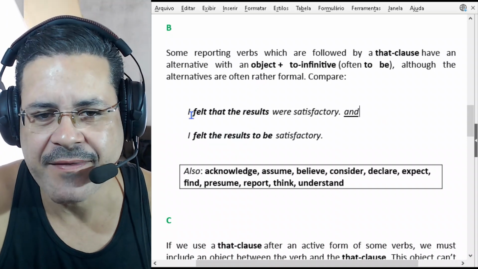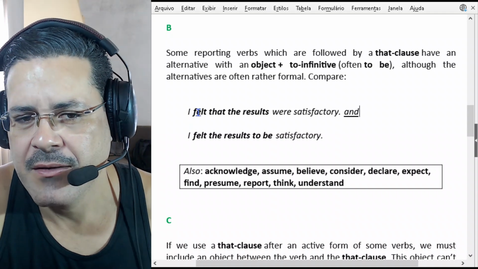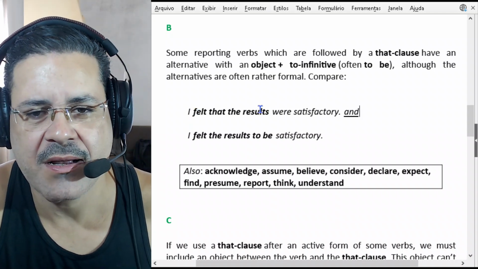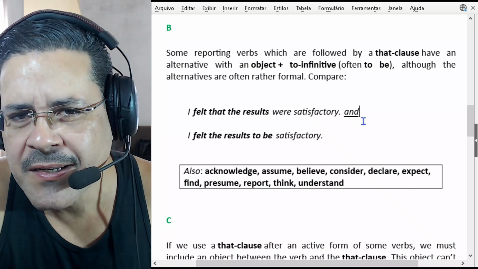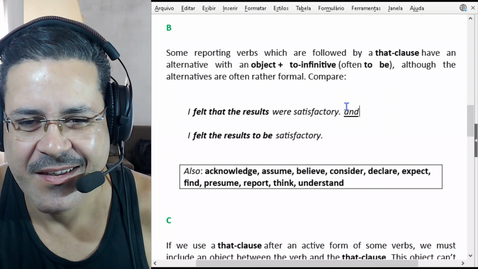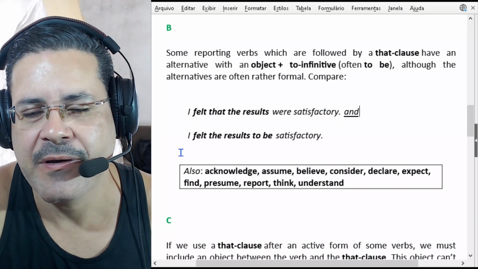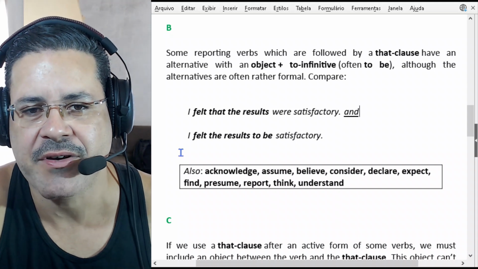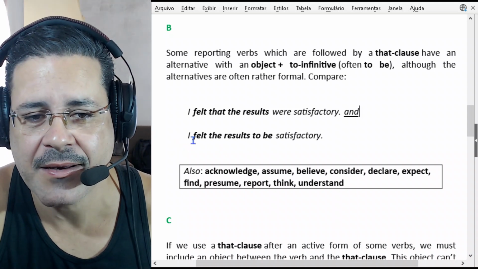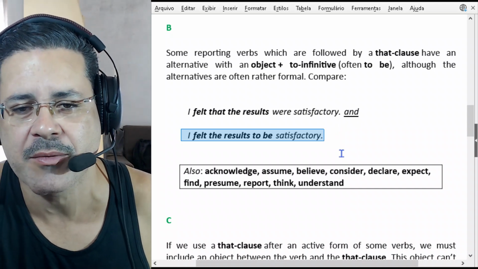I found that the results were satisfactory. You felt what? That the results were satisfactory. And alternatively, we might say, I felt the results to be satisfactory. But in that case, it's really formal. So don't worry too much about that.